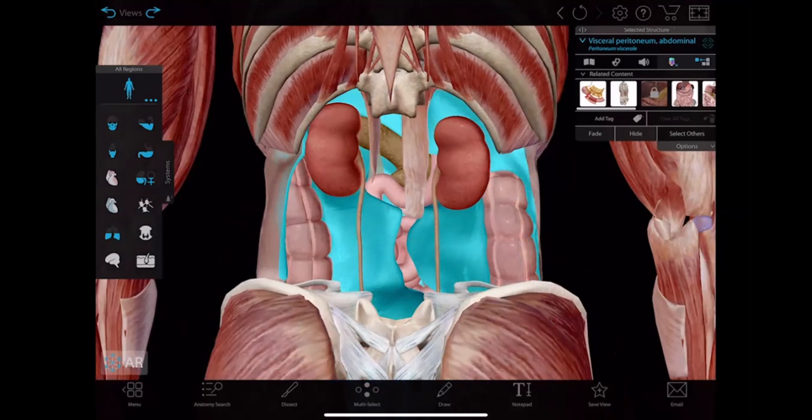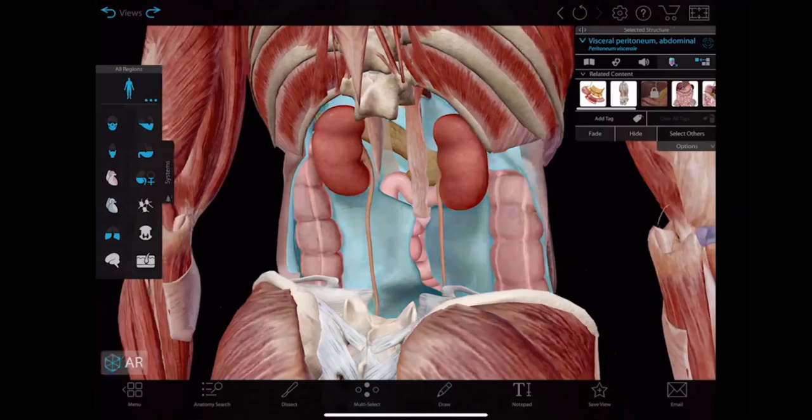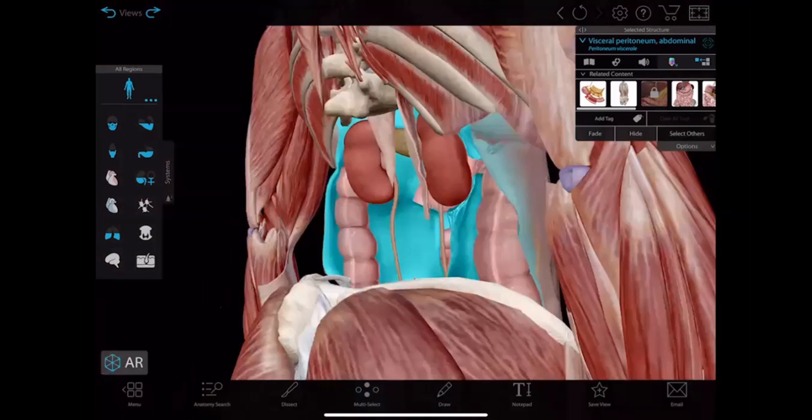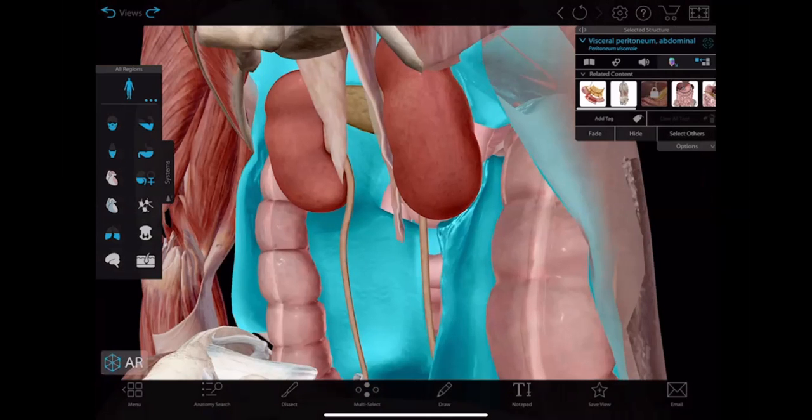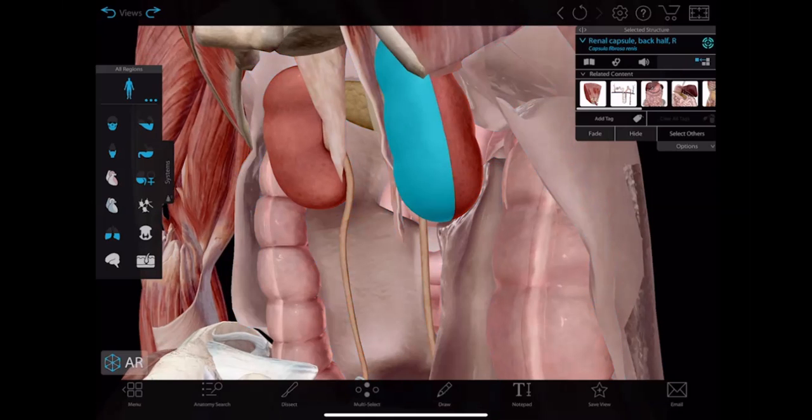They are called retroperitoneal organs because they are behind the peritoneum. We have already covered this in the previous sections. These are the kidneys. They lie behind the peritoneum.